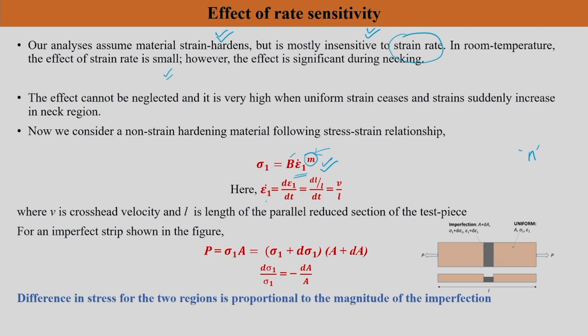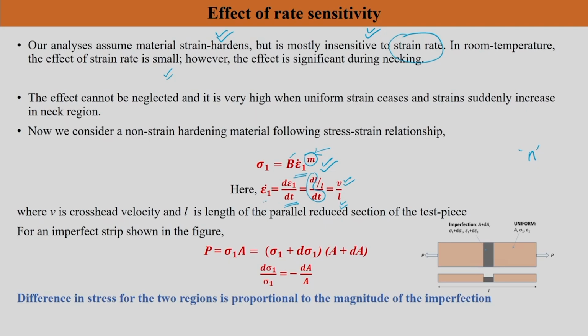Here epsilon 1 dot is nothing but the true strain rate, which is defined as d epsilon 1 divided by dt, that is, the rate of change of your major strain. That is equal to dl by L divided by dt, and it is nothing but V by L, where V is your cross-head velocity that you use for the tensile test and L is your instantaneous gauge length during the tensile test.